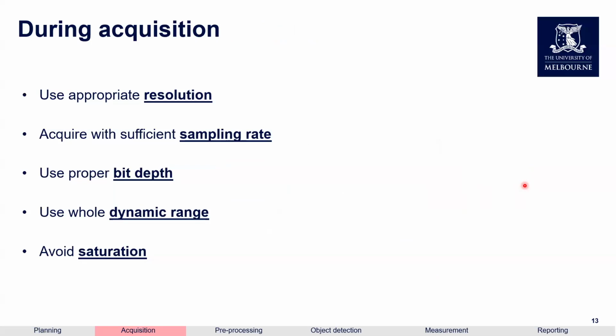Because the basics of microscopy were covered in our previous lectures, today I will cover the 5 key factors that affect image acquisition the most. These include resolution, sampling rate, bit depth, dynamic range, and saturation. I will go through them one by one on the following slides.